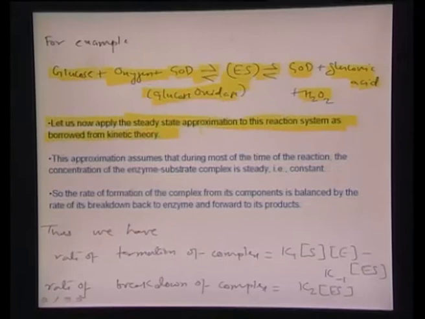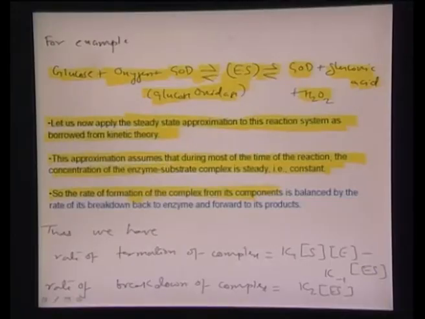So, some approximations, we assume that during most of the time of the reaction the concentration of the enzyme substrate complex is very, very steady, that is constant essentially. So, that is one approximation that we make here, and then also from this we can derive the fact that the rate of formation of the complex from its components is balanced by the rate of breakdown. So, there is an equilibrium between formulation of enzyme substrate and formulation of the enzyme product.